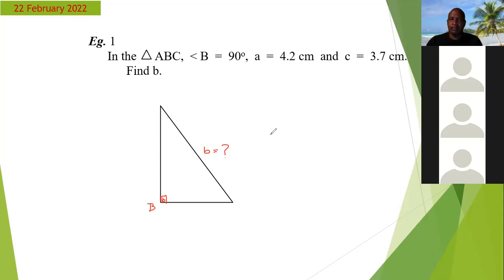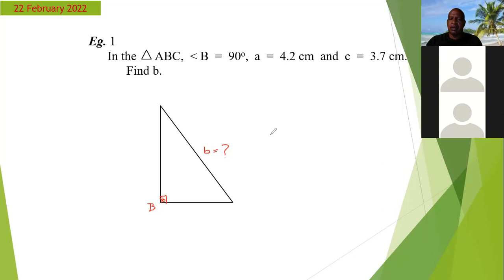Sir, the common letter A would be vertical to the right angle. All right, now the question that I'm asking, does it have to be that vertex at the top, or can it be any of them?